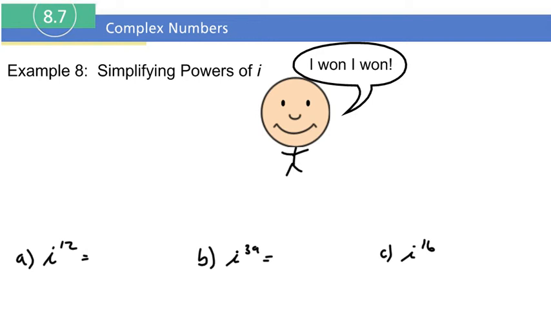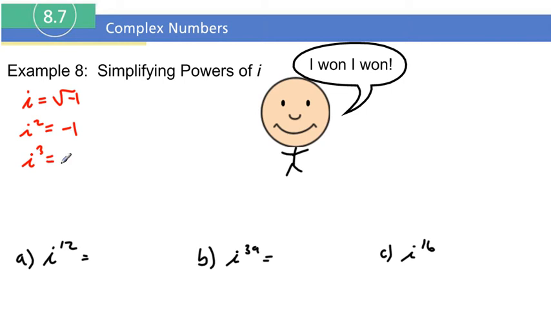I'm going to show you why I did this in a minute. But here, if we just start with i, we've established that i is the square root of -1. So if I square both sides, if I square the left side, I square this side, and I just get -1. Now how do we find what is i to the power 3?